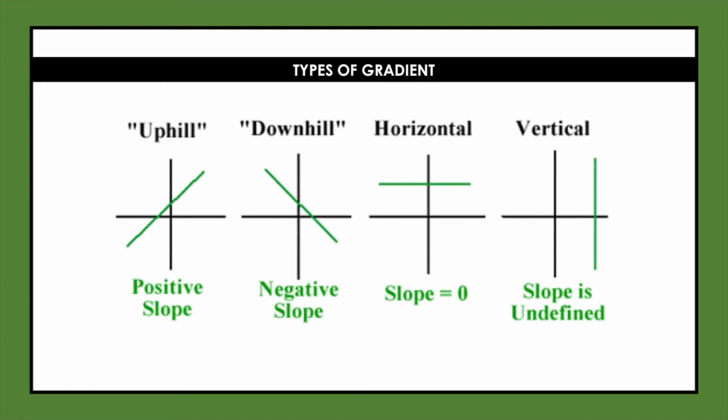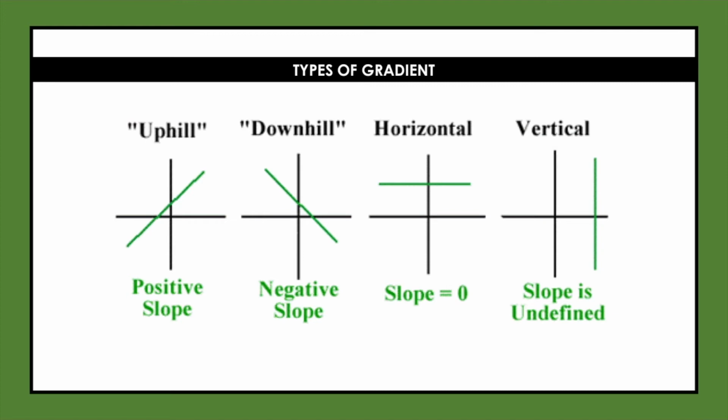So we see that this graph is increasing this way, and it looks like if you're walking up a hill, you're going up the hill. So if you are going up the hill, then technically that can be thought of as positive, so that slope would be positive. You're walking up and forward.